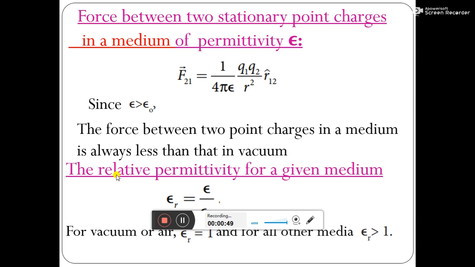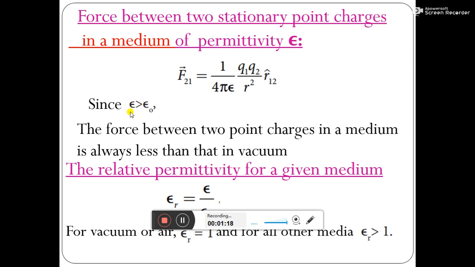Next, the relative permittivity for a given medium. The relative permittivity for a given medium is represented as epsilon r, which is nothing but the ratio of the permittivity of the medium to the permittivity of free space. Therefore, epsilon r is equal to epsilon divided by epsilon naught.